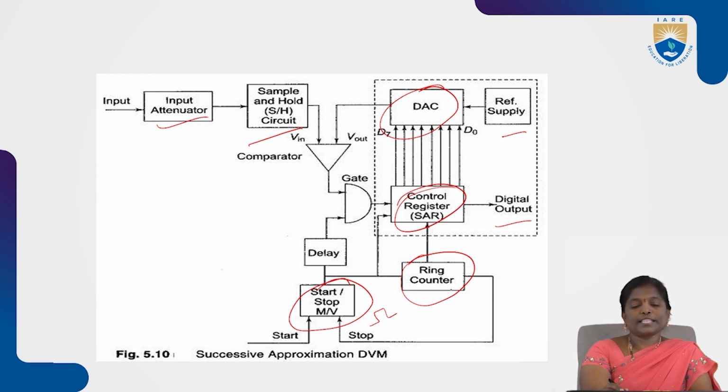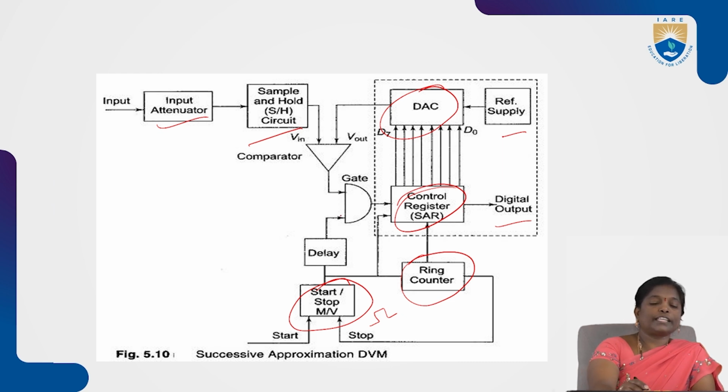Coming to the next block, the ring counter is mainly used to count how many clock pulses are passing through. That is counted with the help of the ring counter. The control register is mainly used to store the digital output. This is a gate, used to allow the digital input or discard it.